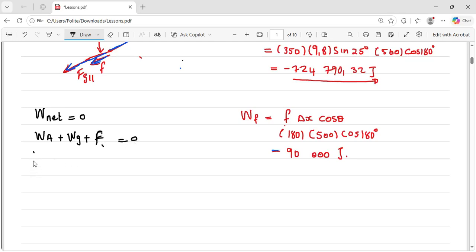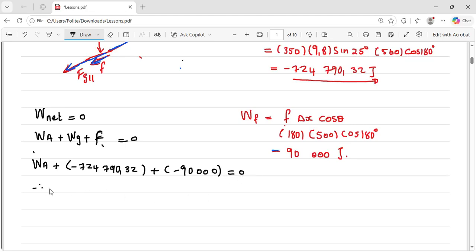Let's substitute the work done by the applied force, then we're going to add inside the bracket negative 724,790.32. Close the bracket, plus negative 90,000. Close the bracket, equals 0.